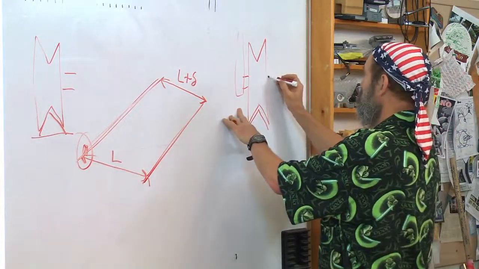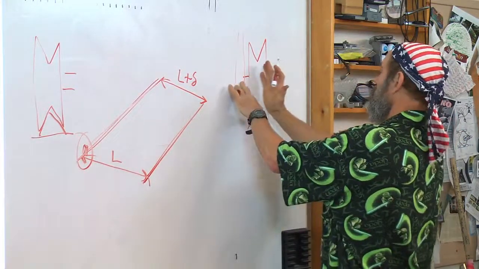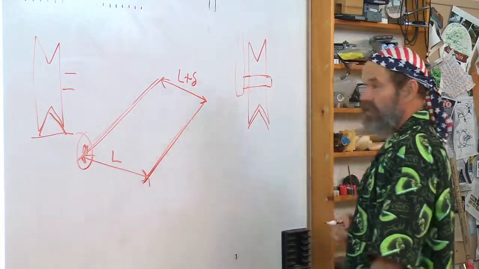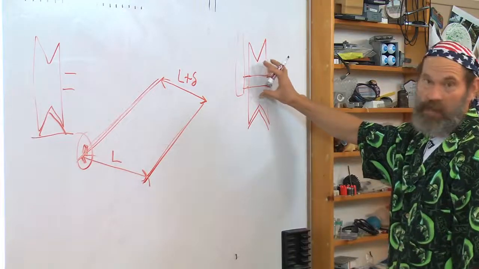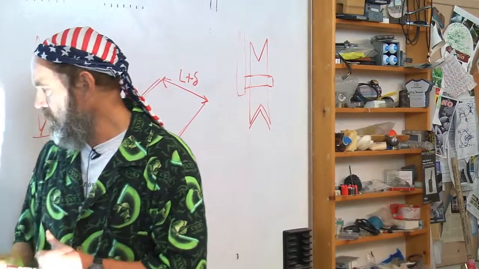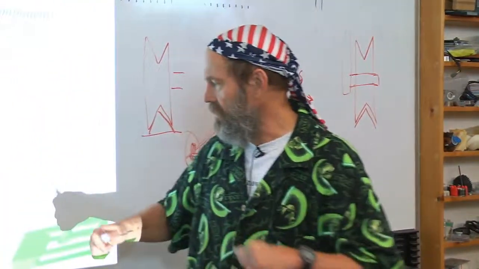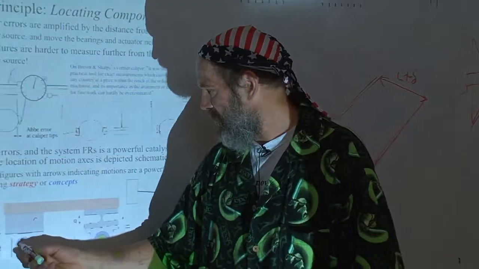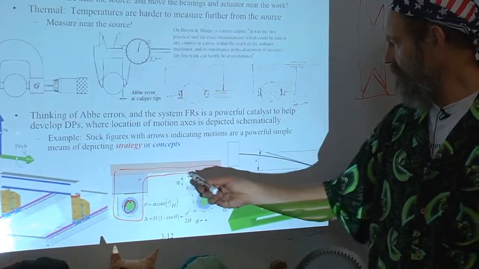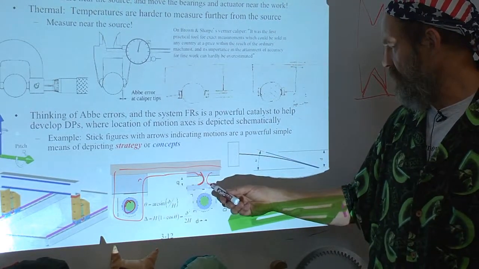There are a lot of different strategies you can think about. I can let them slide back and forth. But if it's a very precision mechanism, that may not be so good because I have some slop in here. Can I do as this picture shows, on page 312 in the notes, where one bearing is fixed to the table, and the other bearing has this little elastic hinge here?